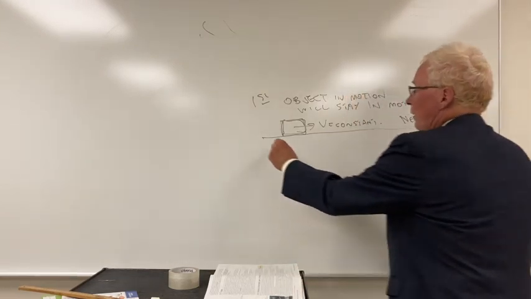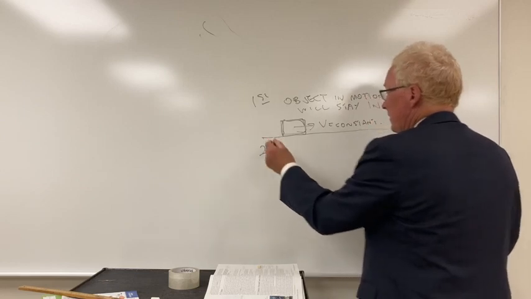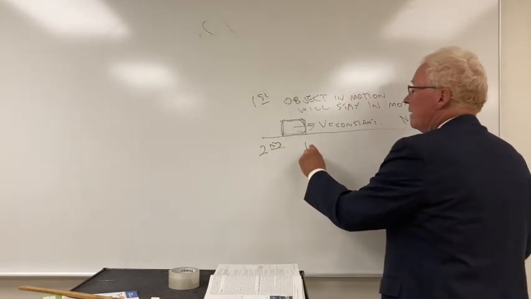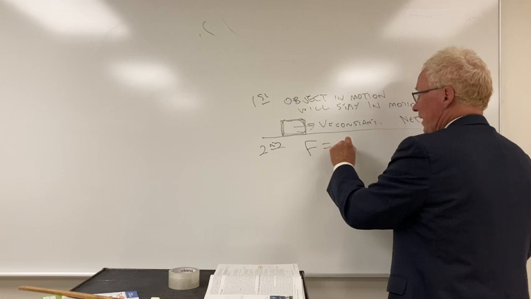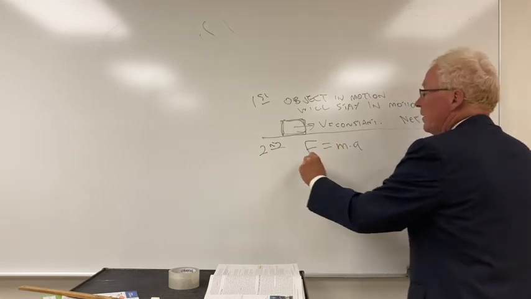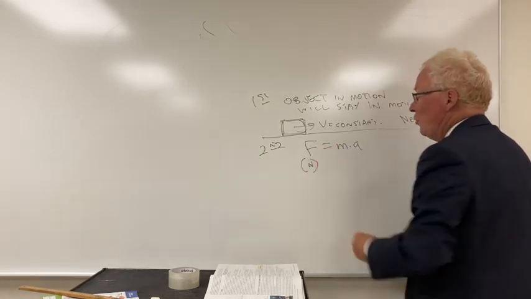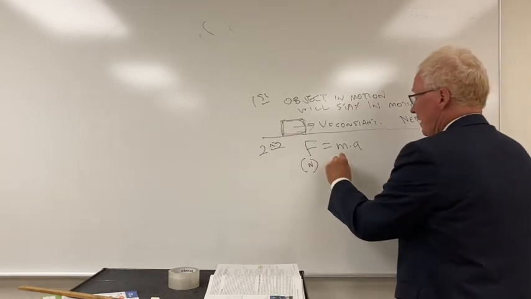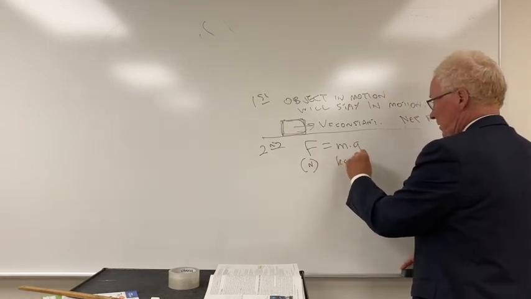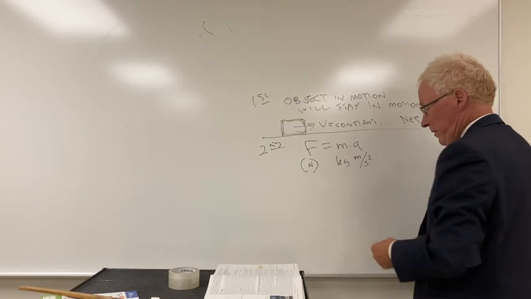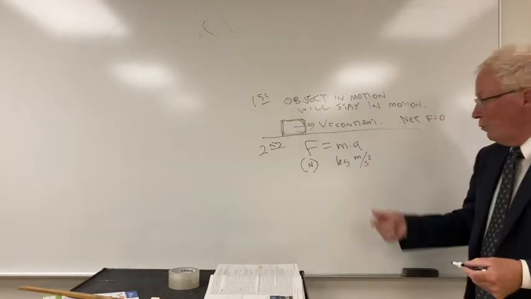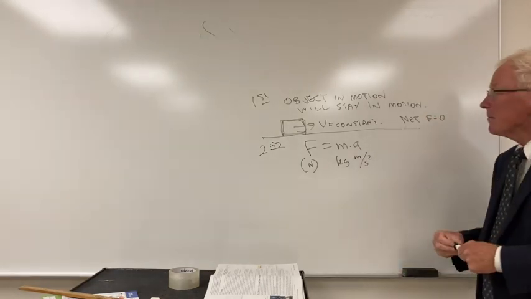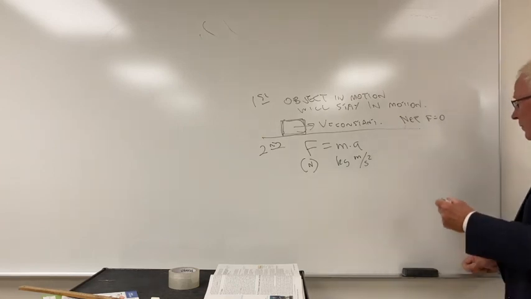All right, second law is then if there is a force applied, the force is equal to the mass times the acceleration, where force is in units of newtons, mass is in units of kilograms, and acceleration is meters per second squared. So we'll be introducing the Newton, named after Isaac Newton.